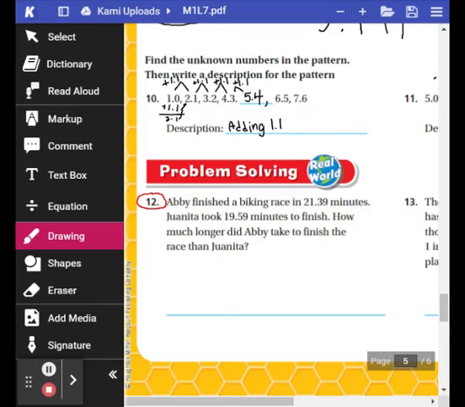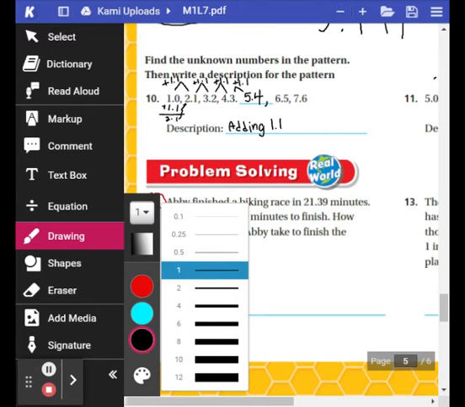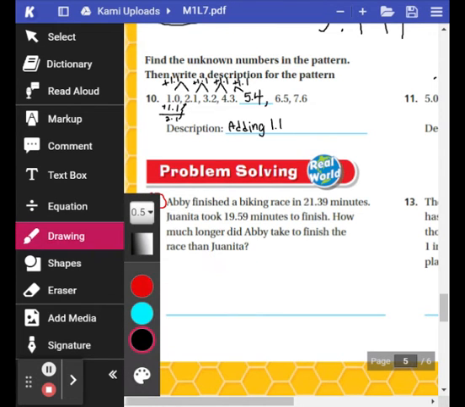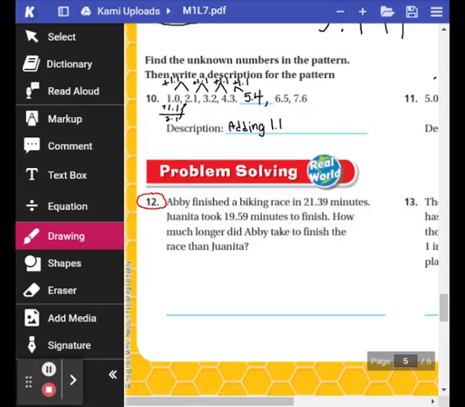We were talking about problem number 12, where Abby finished a biking race in 21 and 39 hundredths minutes, Juanita took 19 and 59 hundredths minutes to finish. And the question is, how much longer did Abby take to finish the race?